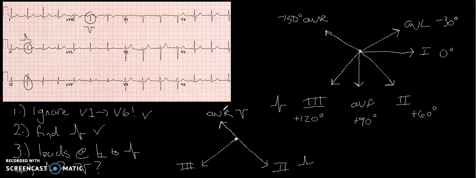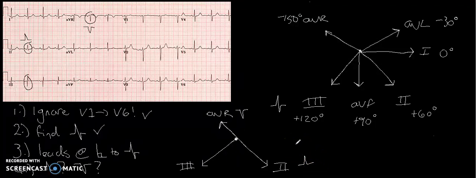So thinking again about the little train analogy that I was talking about, if we are thinking about which way this mean vector is coming, it is getting bigger as it is coming towards lead 2. That's why lead 2 has got a positive QRS complex.